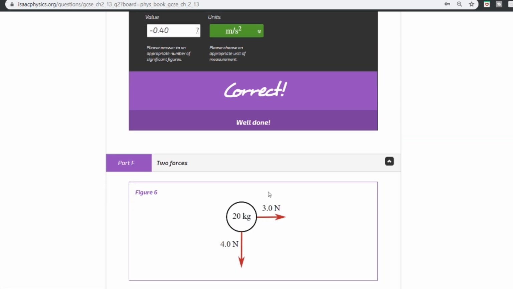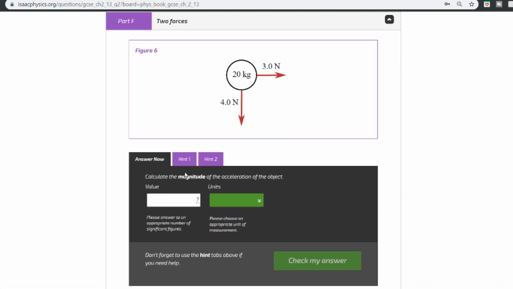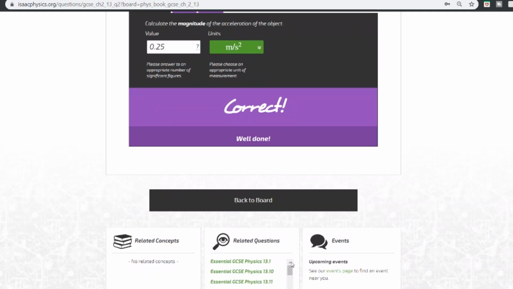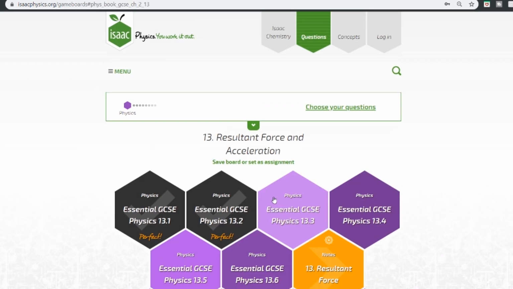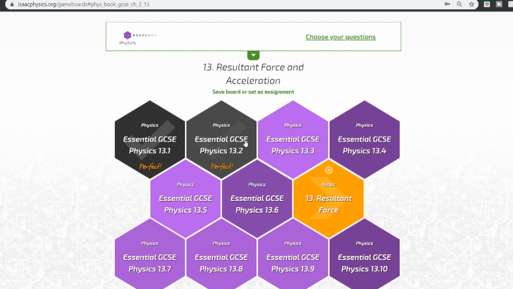Check the answer. And 2 forces. So it says calculate the magnitude, so that's just the size, so you'd have to put in the angle. And this was 0.25, I think, meters per second squared. Correct. Back to the board. It's actually quite satisfying when you start to get these all correct.